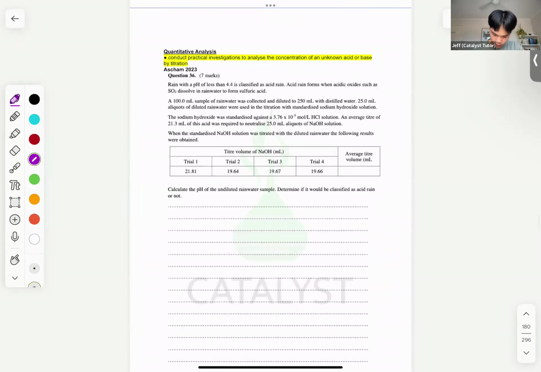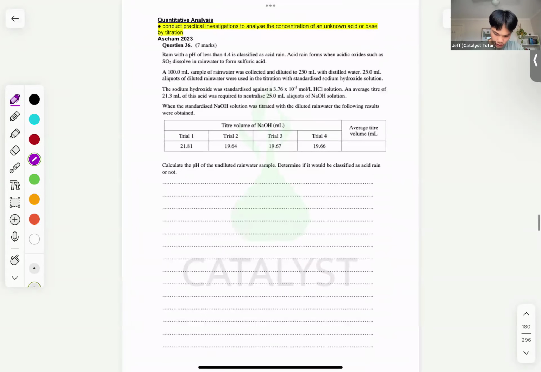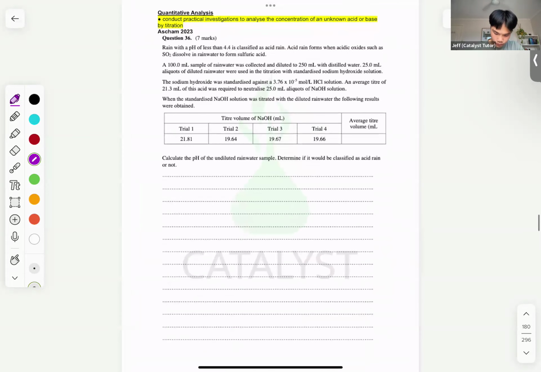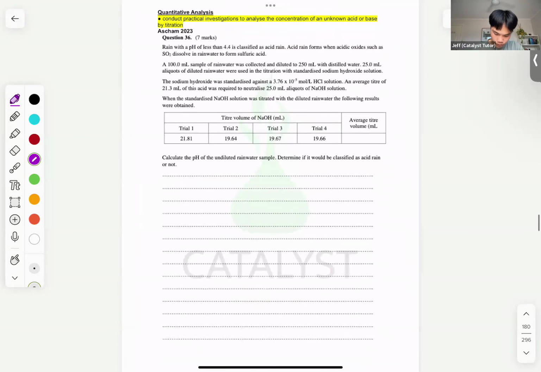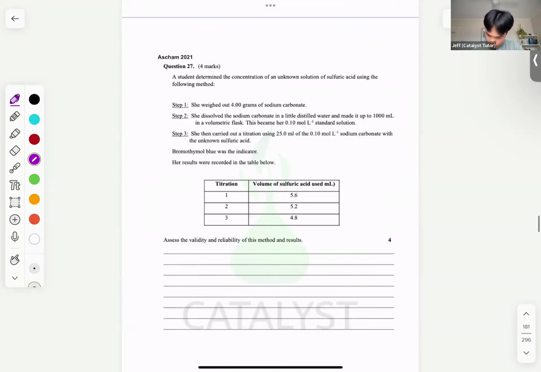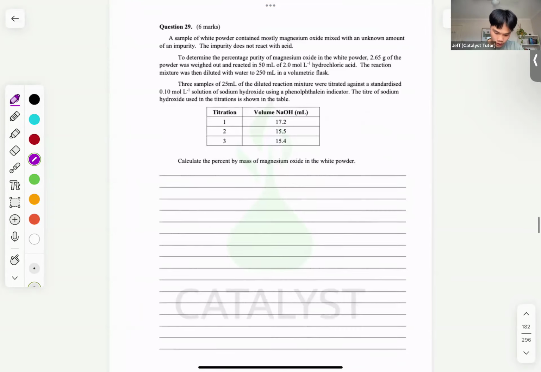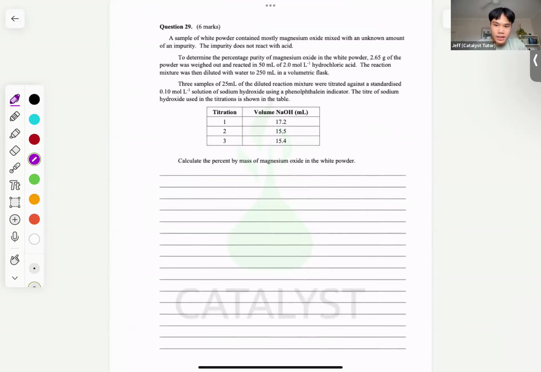Hang on. No, we'll do this one. Sorry. Okay, 6 marks. I'll let you all have a go. I'll put 8 minutes on the clock. I know it's very time intense, but see how far you can get.